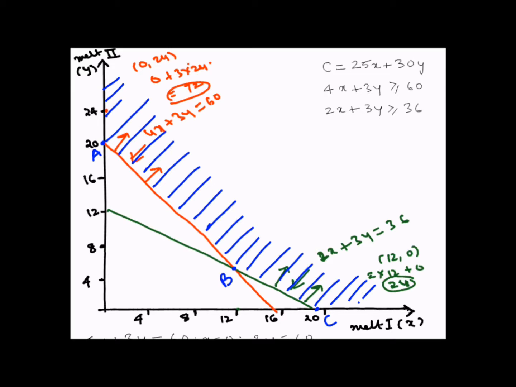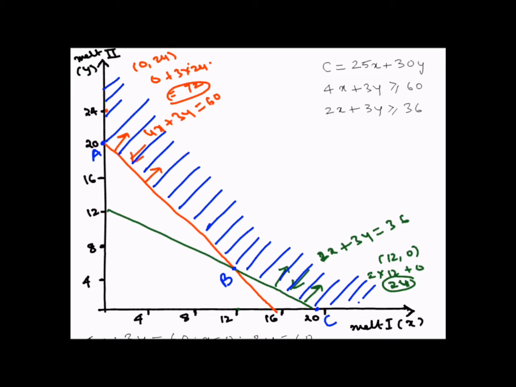Now the second method to identify the optimal solution says that the optimal solution lies on one of the edges of the feasible solution region. Now again, since this is a minimization problem, these edges would be the ones which are towards or nearer to the origin.